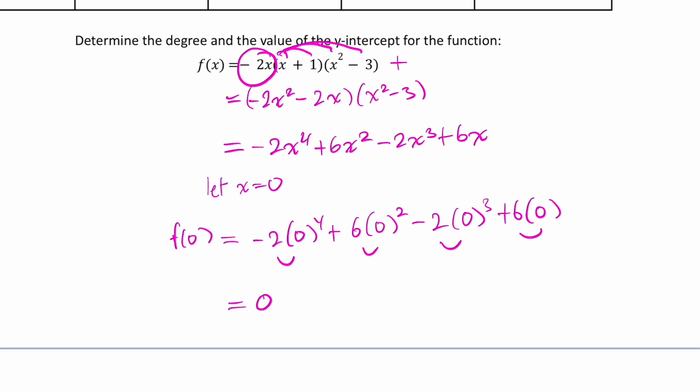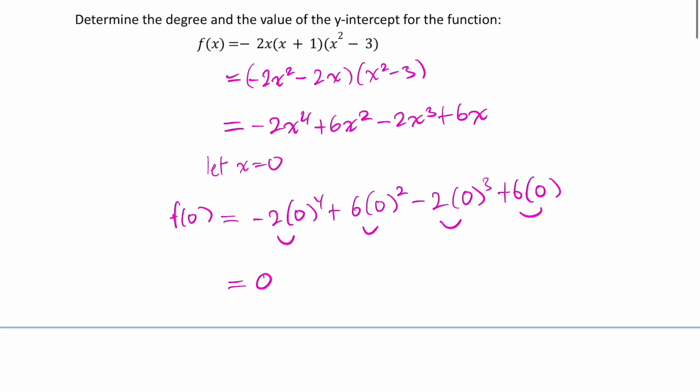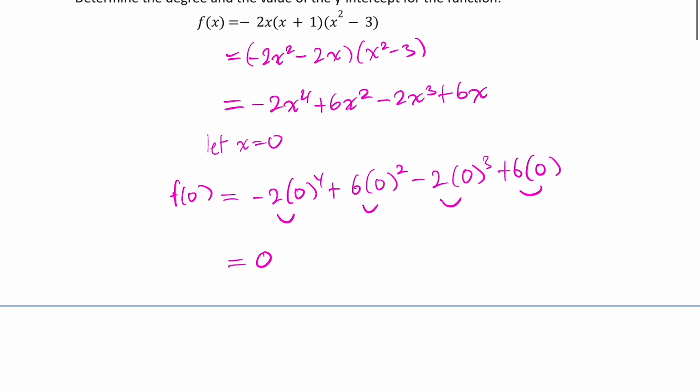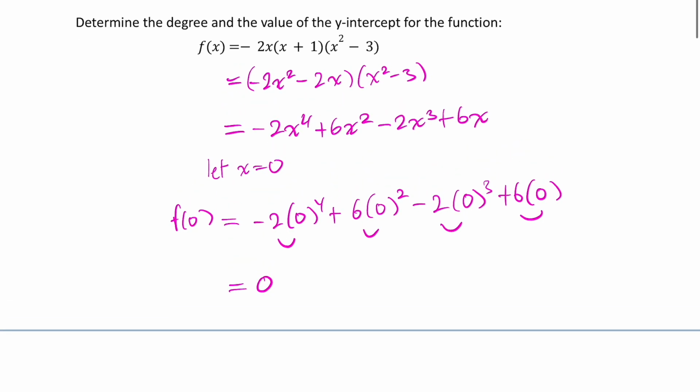It's all going to have at least an x in it, because it's all multiplied by something that has x in it. So you can immediately tell that your end result, without having to know what it is, isn't going to have a constant, which means the y-intercept will be 0. So yeah, that's both ways of approaching it. Oh, sorry, determine the degree.